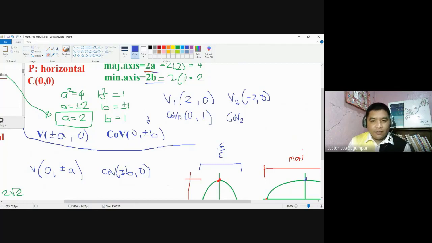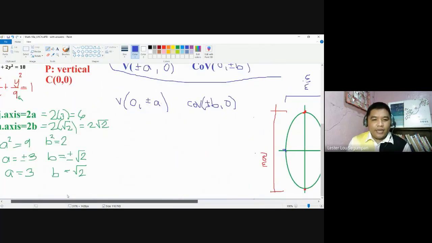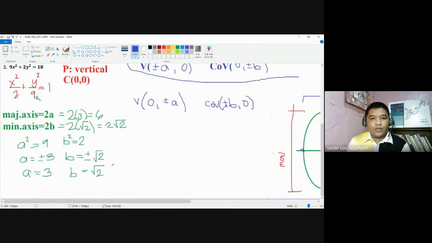You have here 0 and negative 1. As for number 2, since our A and B are 3 and square root of 2 respectively, our vertices here are 0, 3, that's your vertex number 1. Vertex number 2 is at 0 and negative 3.